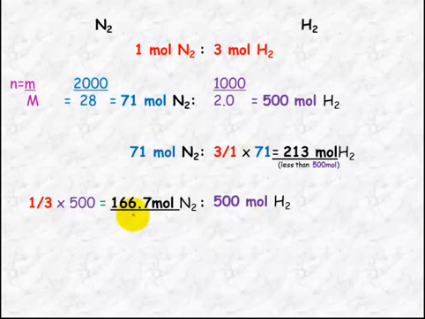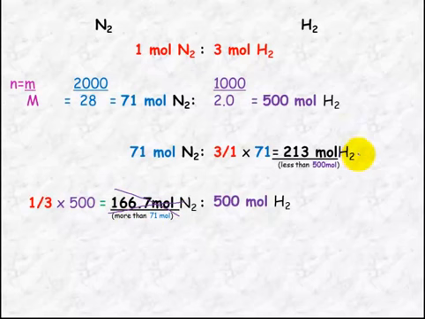Do I have 166 mole of nitrogen? No, I don't. I only have 71 mole of nitrogen because I've only got 2 kilos of nitrogen. So this is more than 71 mole. So this reaction cannot happen.